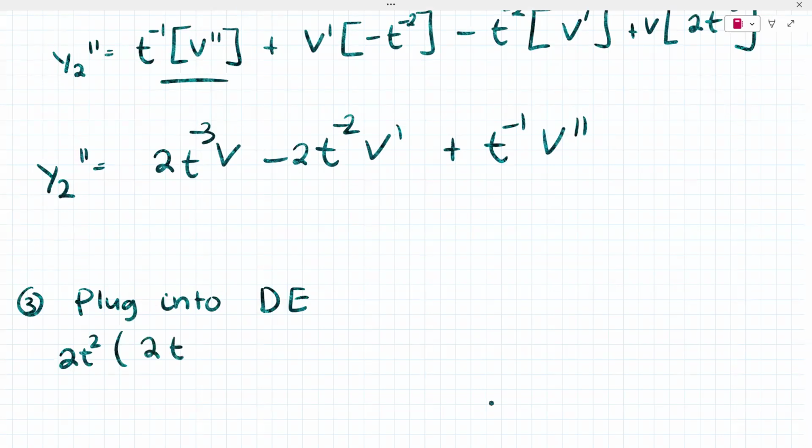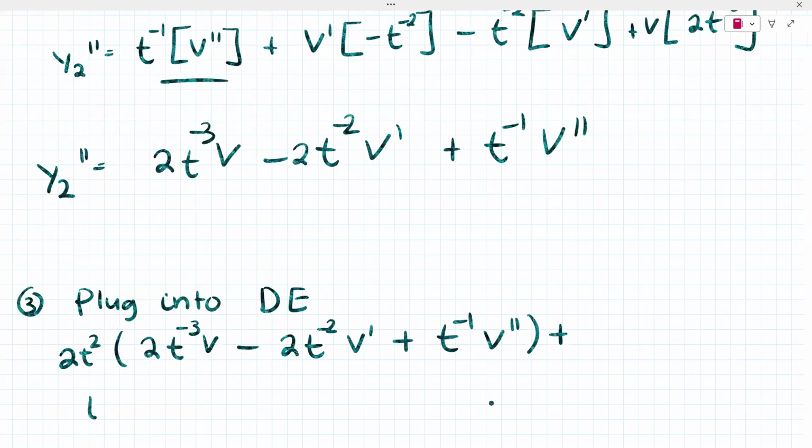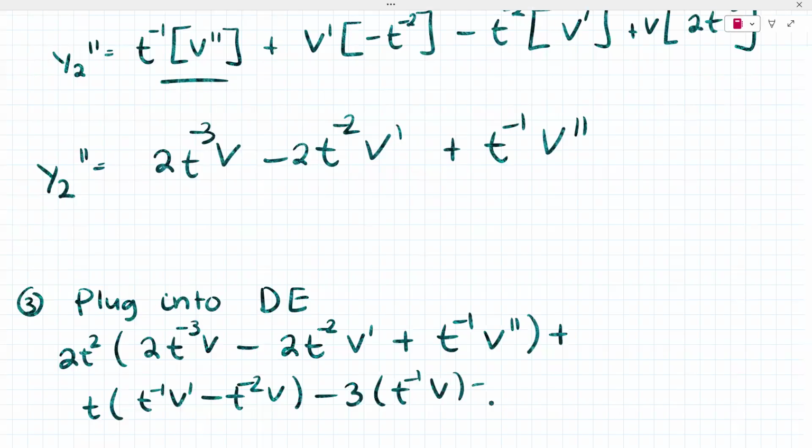2t to the -3 v minus 2t to the -2 v prime plus t to the -1 v double prime, plus t to the -1 v prime minus t to the -2 v, minus 3 times t to the -1 v equals 0.